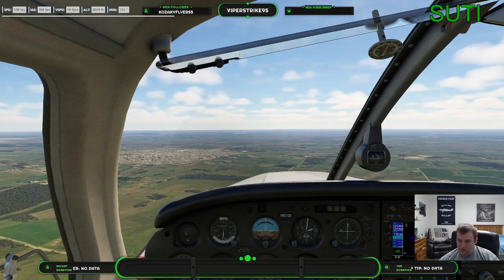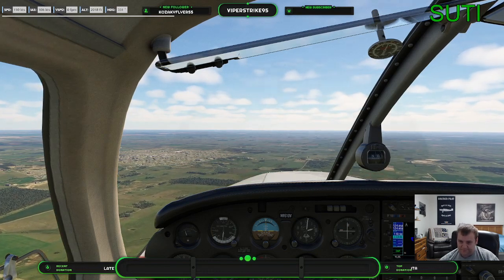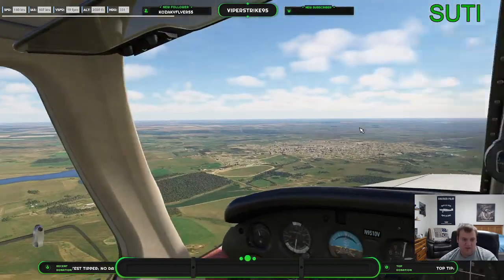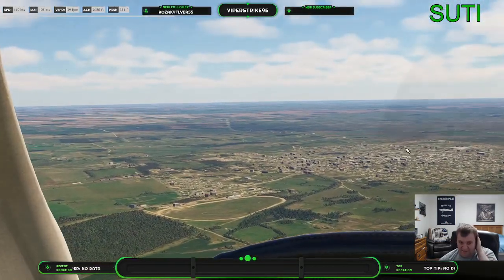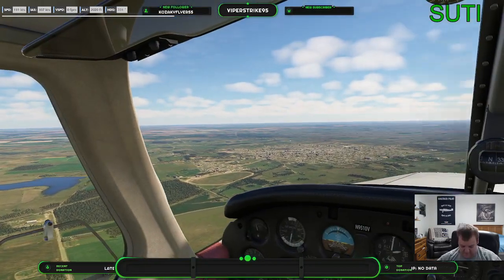So we're going to land on runway 27. That's what we're going to be doing here. Here is Trinidad in Uruguay.